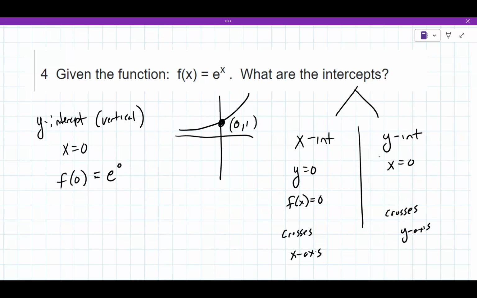All right, fantastic. So now, does it have an x-intercept? Does it cross the horizontal, the x-axis, anywhere? No. So the only intercept here is a y-intercept, and that's what you want to express for your answer.